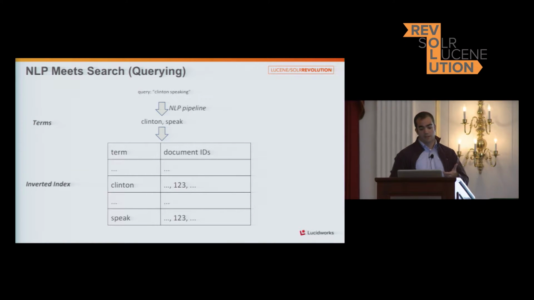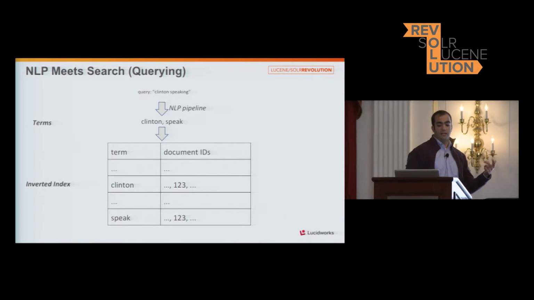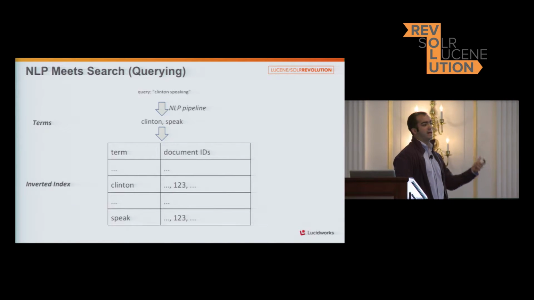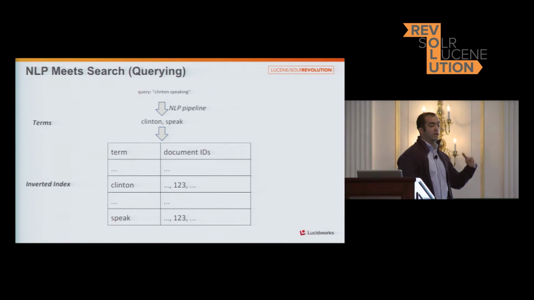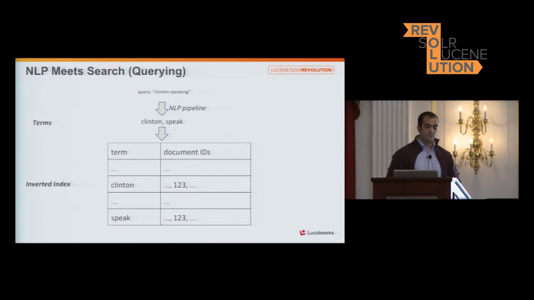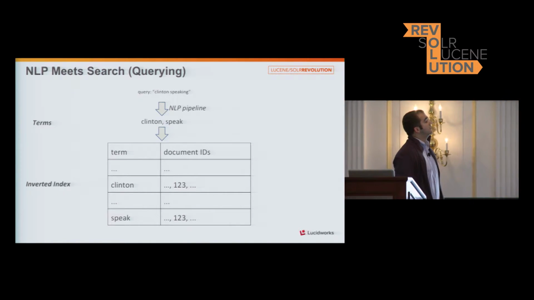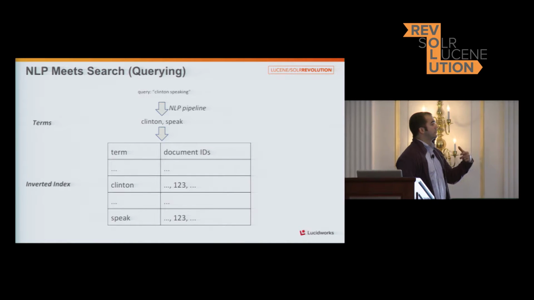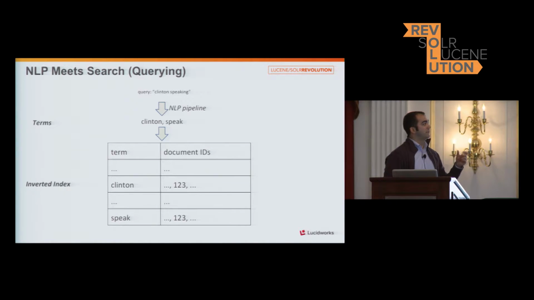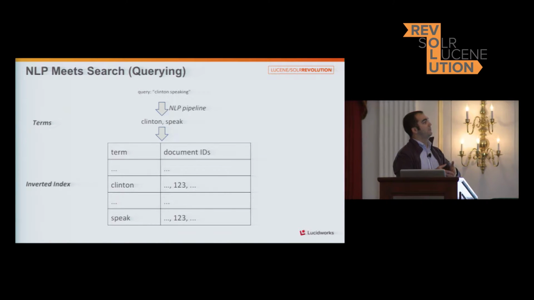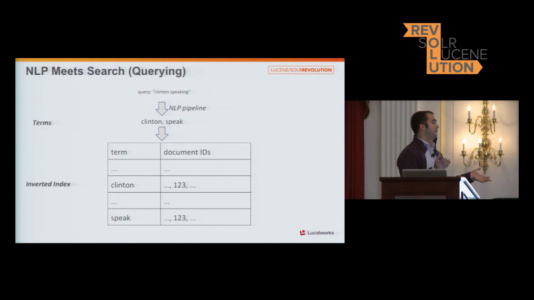We'll talk about some of the steps of that, but the key is that the NLP pipeline gives you tokens or terms, and those terms end up being the keys in your index. Here, Clinton speaking goes through a pipeline and arrives at the terms Clinton and speak, so there's some tokenization happening to break that up, and then some normalization that takes speaking down to speak. That's all happening in this pipeline.